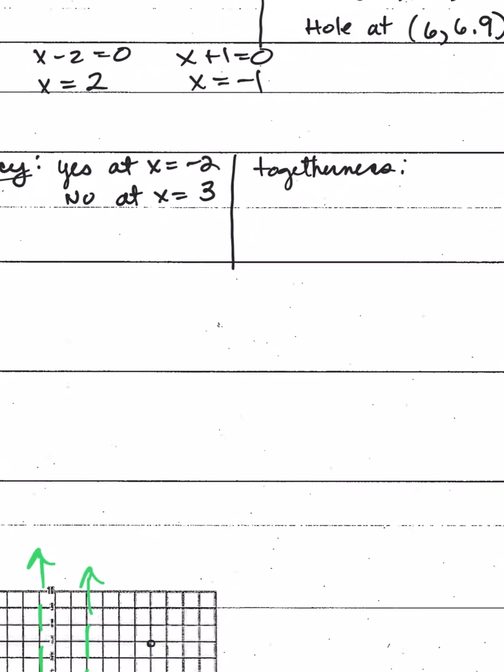Togetherness. Do we have togetherness? Look at the powers on the factor groups. Do we have any multiplicity other than 1 on any of the factors in the denominator? No. So do we have togetherness? No. There is no togetherness on either of them.